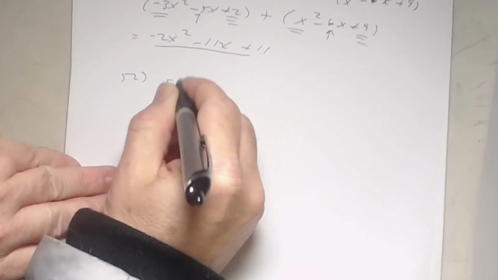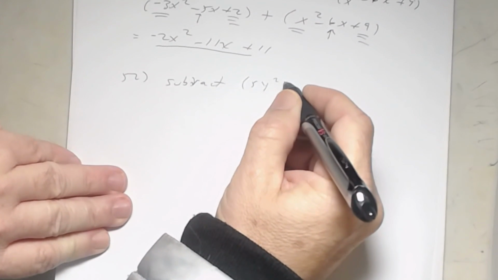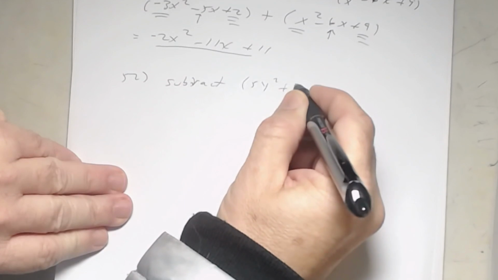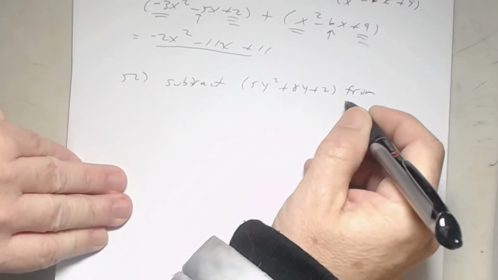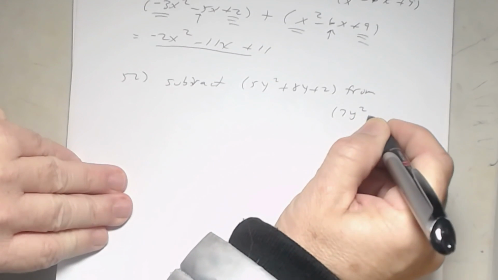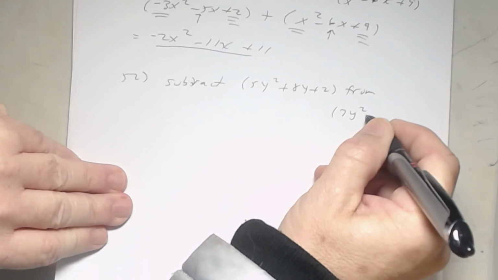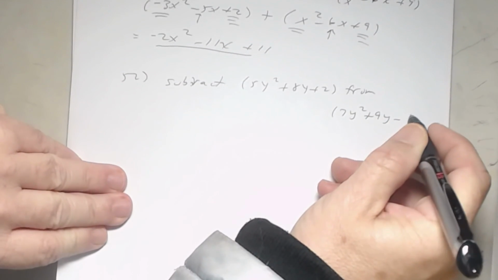All right, 52. Subtract. All right, this is after 52, so you're subtracting 5y squared plus 8y plus 2 from 7y squared plus 9y minus 8.